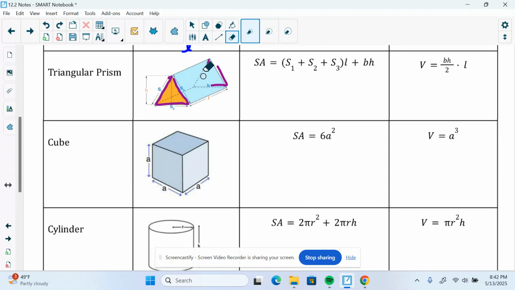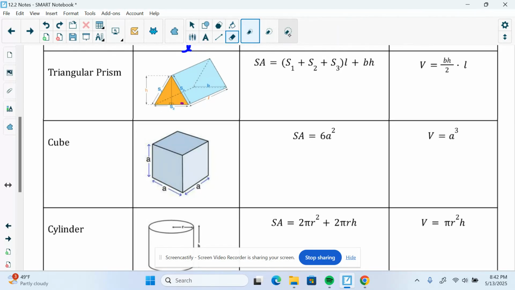And notice the little dashed lines, those are behind other parts of the object, so we wouldn't really see them. Sometimes they draw them in as a reference. This is the height of the triangular face of this prism. And this is the base. They marked it back here, but we could also mark it right here.